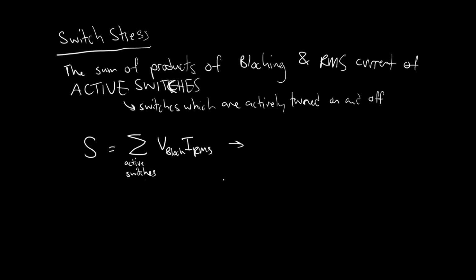And then we can continue this, we can normalize this by thinking about utilization, which is kind of like stress normalized to output power in a sense. So switch utilization, U, is equal to the output power divided by the stress.